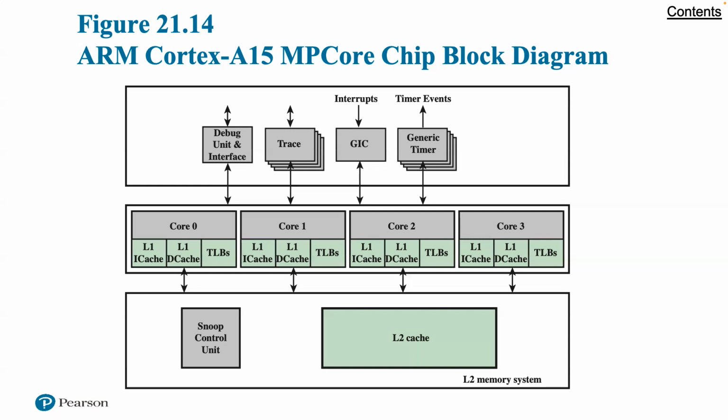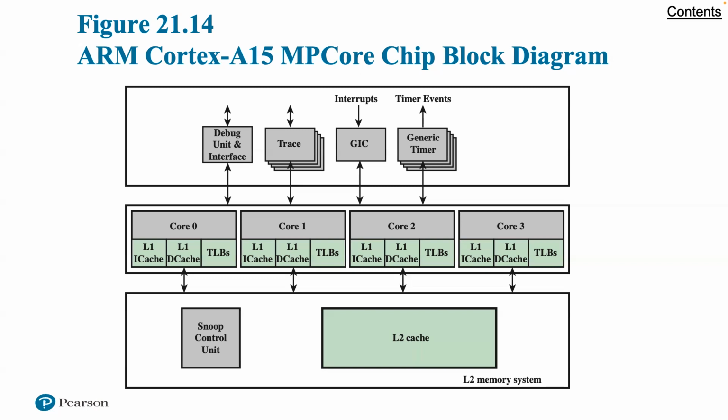The GIC distributes interrupts to individual cores. Then there's the debug unit interface. The debug unit enables an external debug host to stop the program execution, examine and alter processor and coprocessor states, examine and alter memory and input/output peripheral states, and to restart the processor.